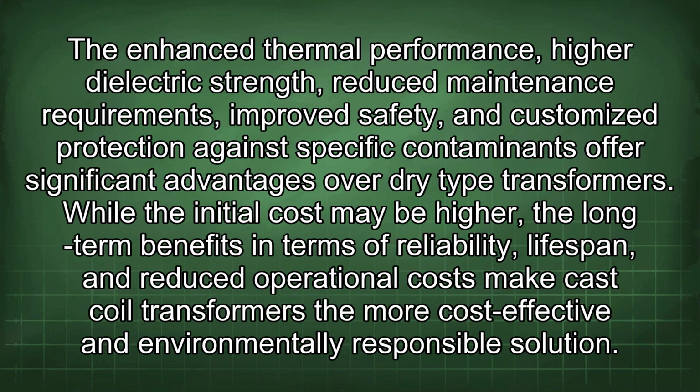The enhanced thermal performance, higher dielectric strength, reduced maintenance requirements, improved safety, and customized protection against specific contaminants offer significant advantages over dry-type transformers. While the initial cost may be higher, the long-term benefits in terms of reliability, lifespan, and reduced operational costs make cast coil transformers the more cost-effective and environmentally responsible solution.